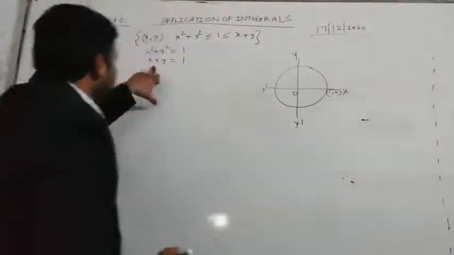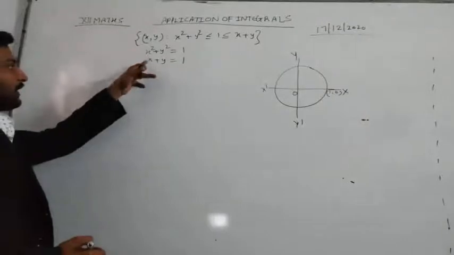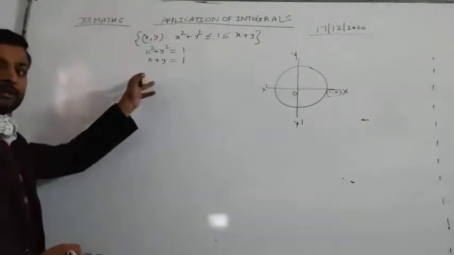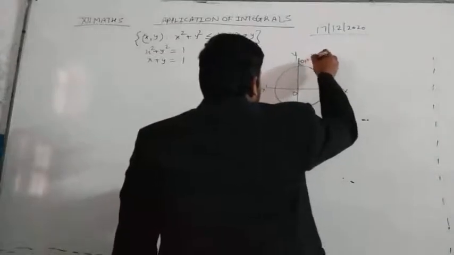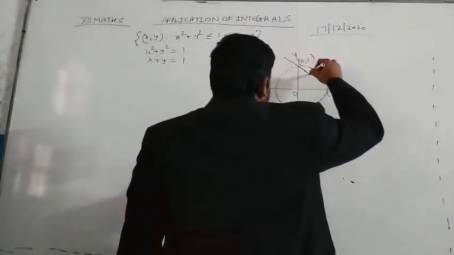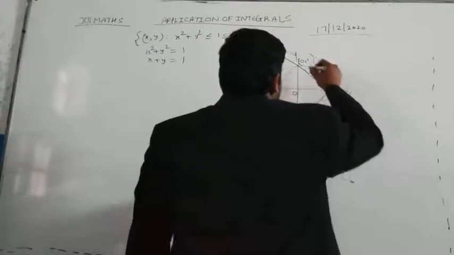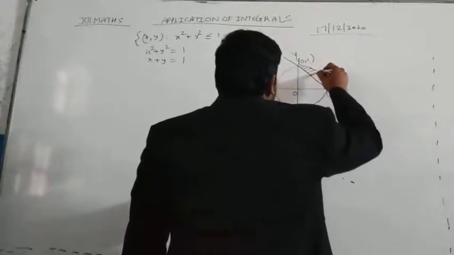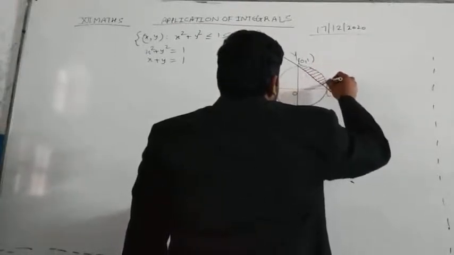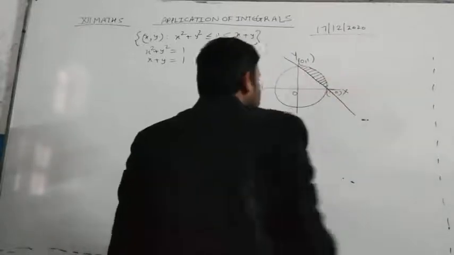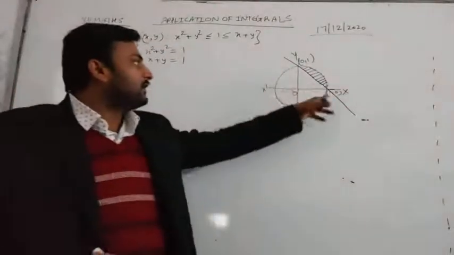Now another equation is x + y = 1. So from here, our x-intercept is 1, and the y-intercept is also 1. So, students, the line will pass through these points. We have to find the region between the circle and this line. So this will be the region, I think.